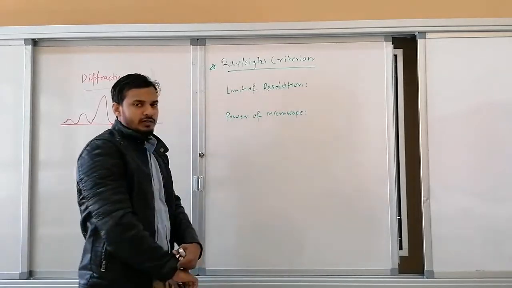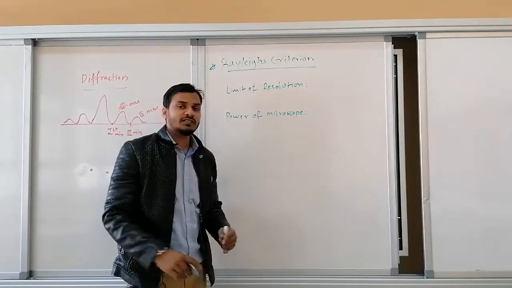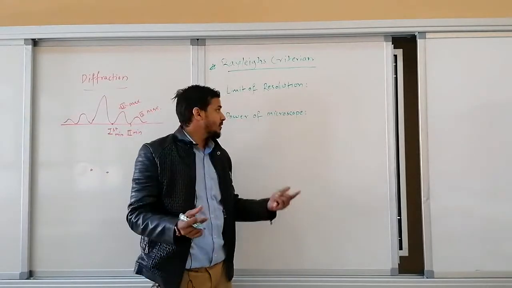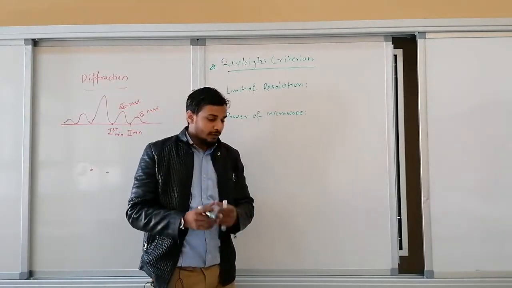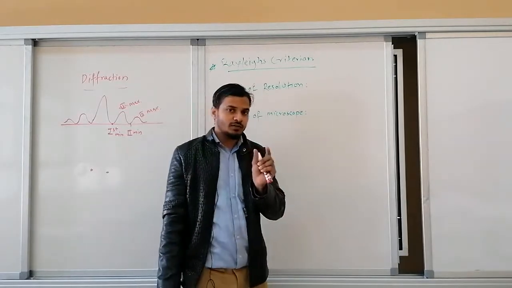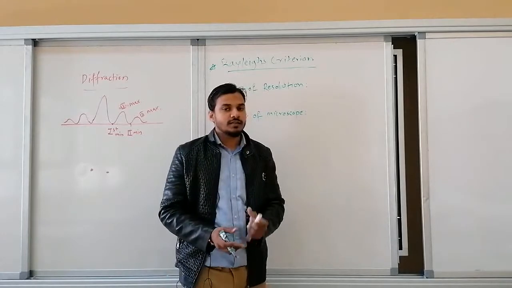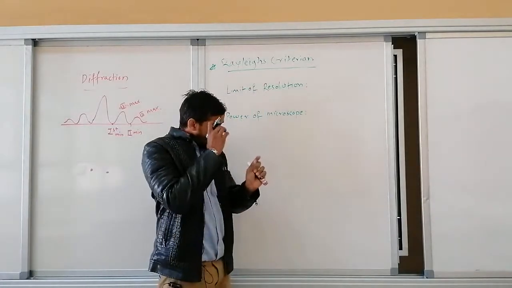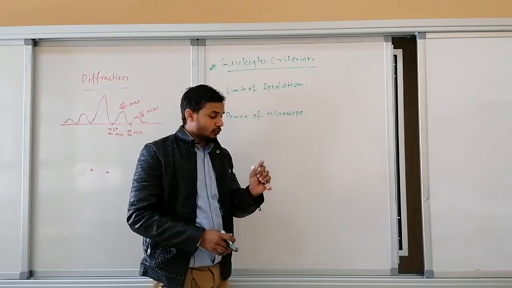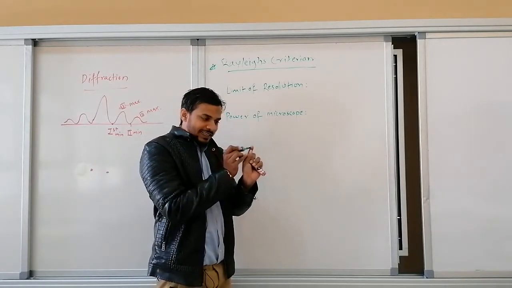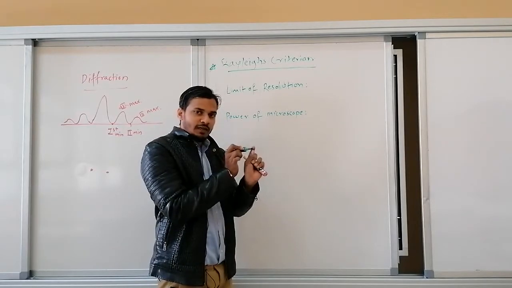What is the limit of resolution? Resolution means you can see that they are distinct. What are you using? A microscope. Leave the sources of light aside and consider two-point objects. If you are seeing them with the help of a microscope and you can see them as distinct, there must be a difference between them.